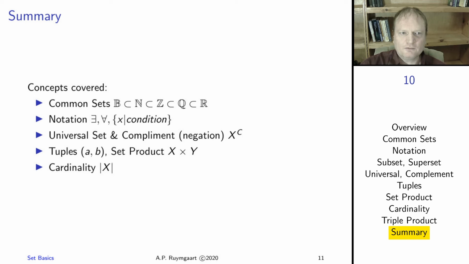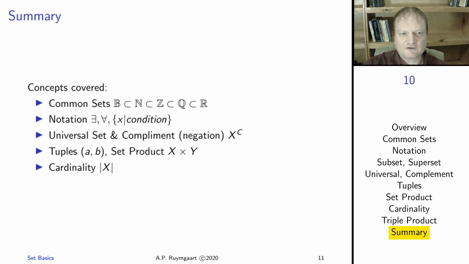Let's quickly review which concepts we covered in this session. So we talked about common sets. We saw that the Boolean domain was a subset of the natural numbers, and that is in turn a subset of the whole numbers, in turn a subset of the rational numbers, which is in turn a subset of the real numbers. And we saw mathematical notation, including the symbol for there exists, the symbol for all, and set builder notation, curly brackets with elements x, vertical bar, after which follows some condition for building the set.